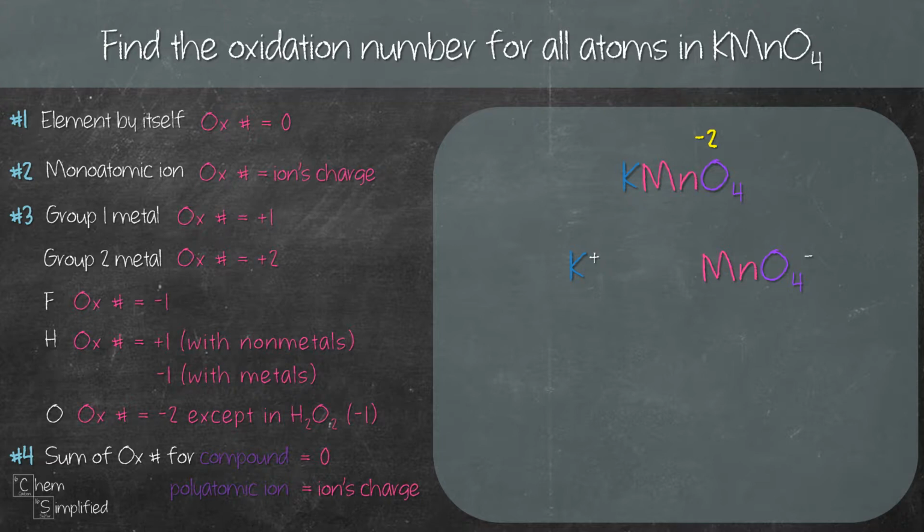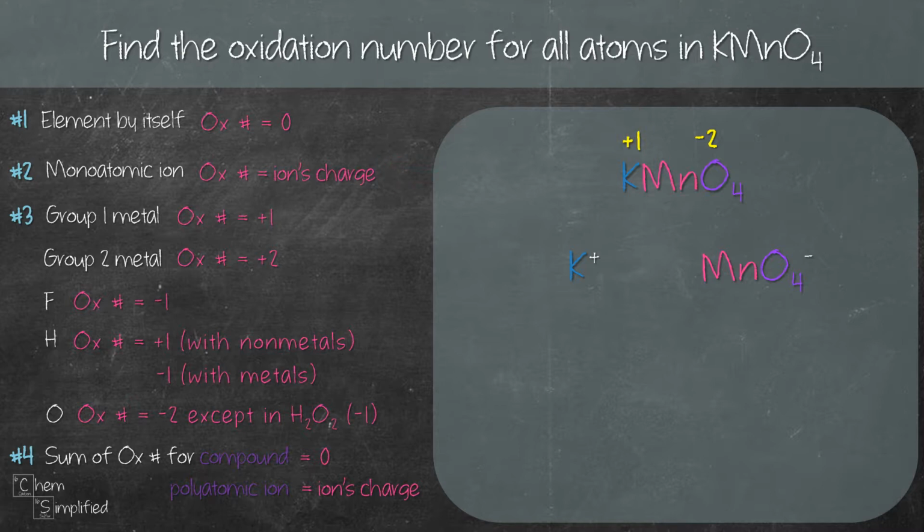Since the charge for K is +1, that means MnO4 will have the same but opposite charge, meaning -1. That way, their charges will balance off each other to form KMnO4.